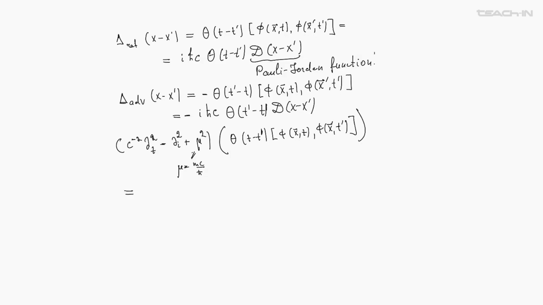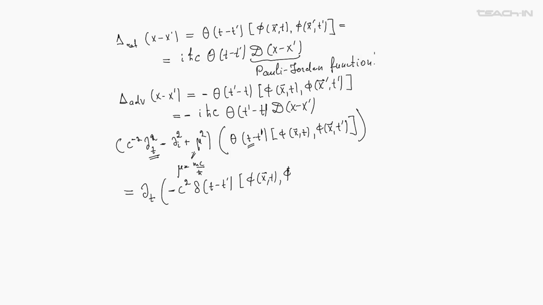the derivative with respect to time, and applying it once, we get the following. Minus c squared, which I take inside, and the first application of the time derivative goes to the theta function. The theta function turns into a delta function upon differentiation with respect to its argument t. Then the commutator is left, nothing happens to it.